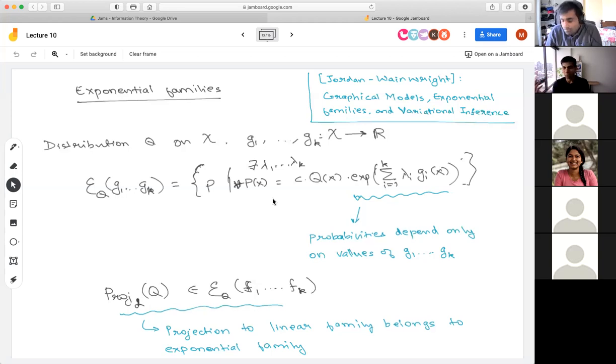So if you want a distribution which maintains expectations of certain functions, and you're trying to minimize the KL divergence, then this distribution only depends on the values of these functions. It's the same functions that show up, so G1 to GK will be equal to F1 to Fk. And so, for example, you've probably heard the fact that the maximum entropy distribution subject to moment conditions, when you fix the first and second moments, is a Gaussian distribution.